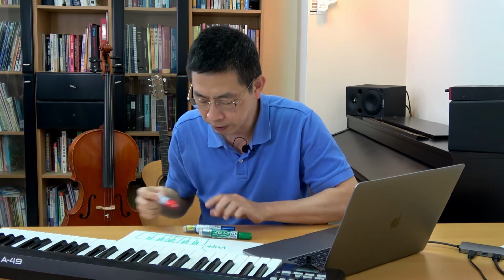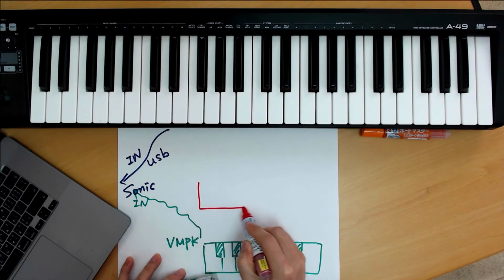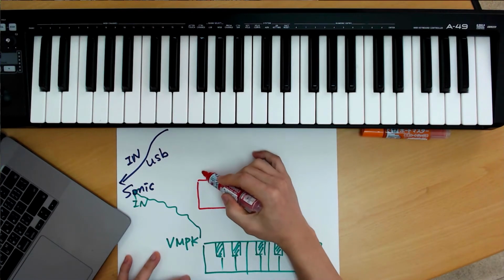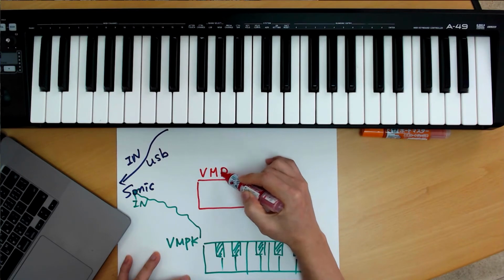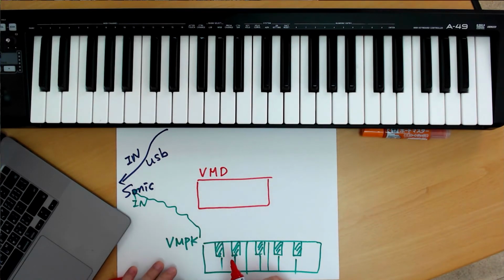So here comes a very important piece of information, because different operating systems may have different solutions, but we found that a generally very stable solution is, okay, let's install another key component we call a virtual MIDI driver. 虚拟的MIDI 的驱动程式。If you are a Chinese listener, virtual MIDI driver.